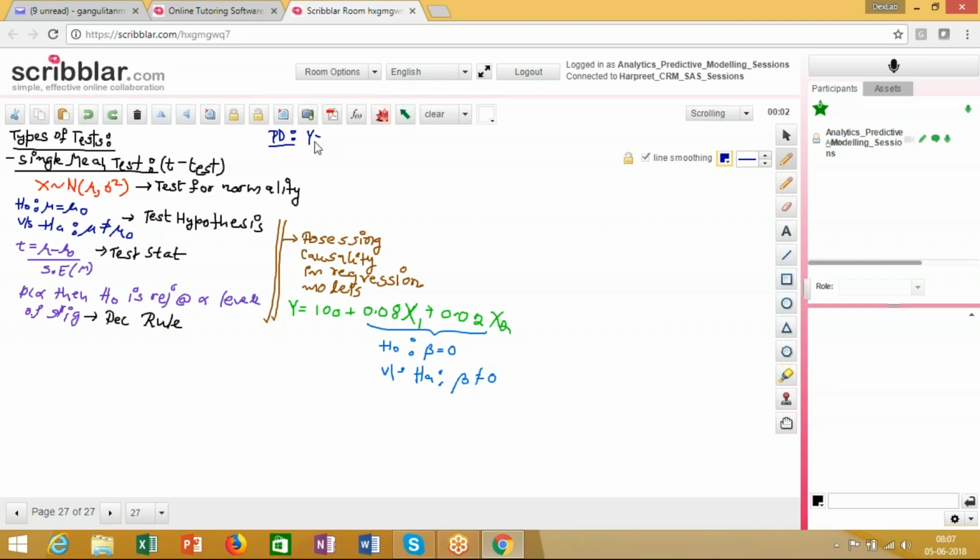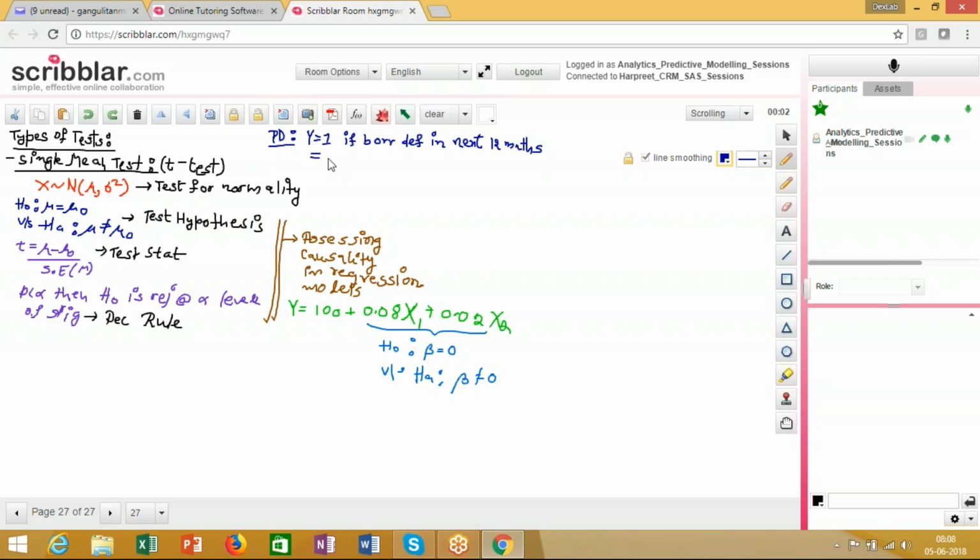Over here, y equals 1 if the borrower defaults in the next 12 months.